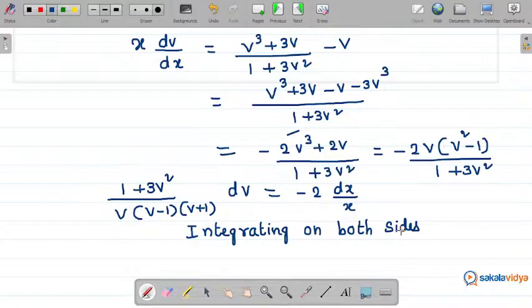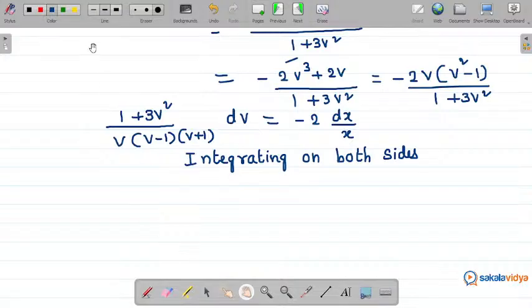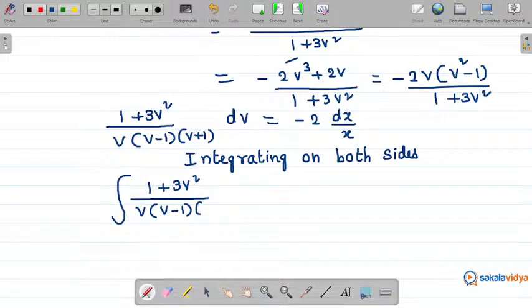Integrating on both sides means this is the integral of 1 plus 3v square by v into v minus 1 times v plus 1 dv, equals minus 2 common, integral of dx by x. Here my dear students, on the left hand side, 1 plus 3v square by v into v minus 1 v plus 1.